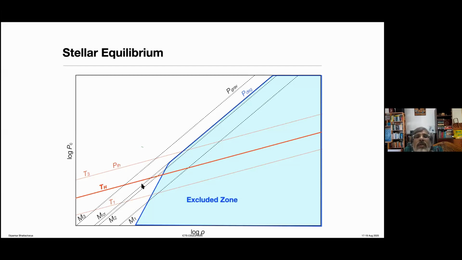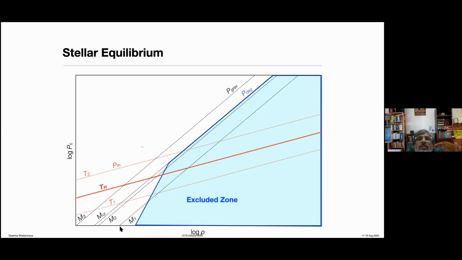It can keep getting denser and keep getting hotter, and it can keep proceeding. For example, this star will come up to here, then it will halt here for a while, for as long as hydrogen is burning, because it keeps the temperature constant over here. And when that is over, it will keep proceeding forward again. But once it encounters this equilibrium, it is not going to proceed any further forward. So this provides a stable equilibrium for all time to come, unless you perturb this equilibrium by external means.